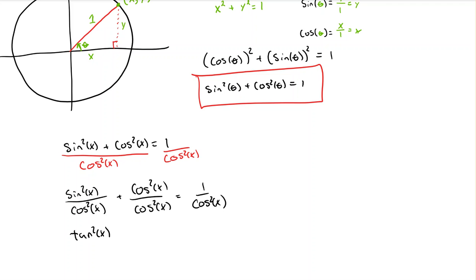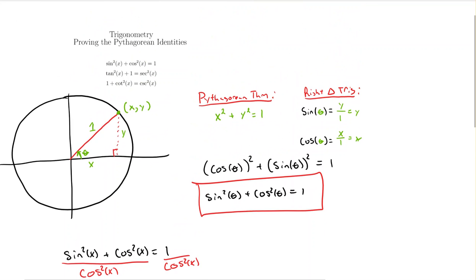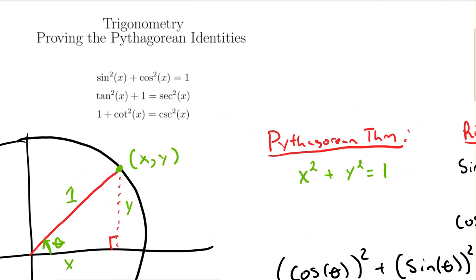Cosine squared divided by cosine squared is going to be 1. And 1 divided by cosine squared, by a reciprocal identity, is just secant squared. Well, that's the second Pythagorean identity.